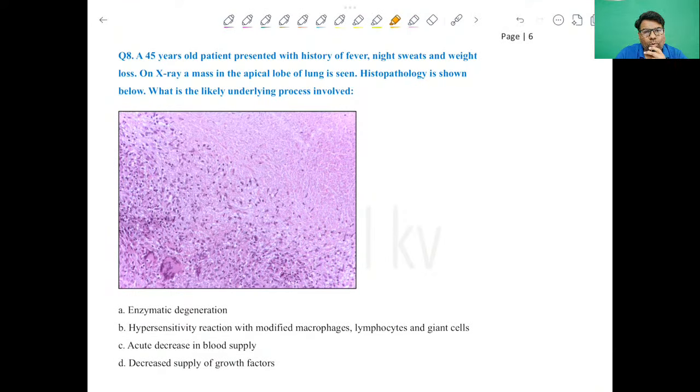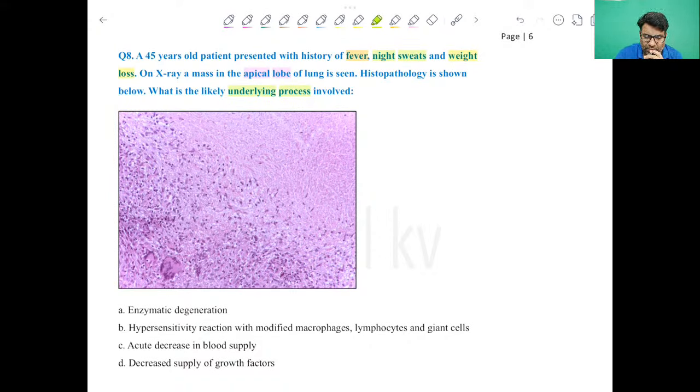Now, a 45-year-old male has a history of fever, night sweats, and weight loss. An X-ray was done, and the X-ray showed a lesion in the apical lobe of the lung, and the histopathology is shown below. Now what can be the underlying process here?